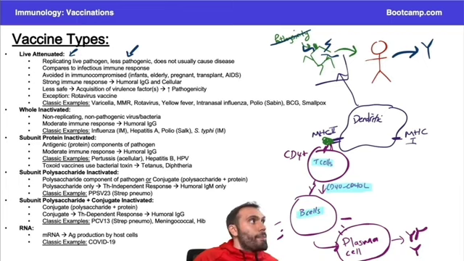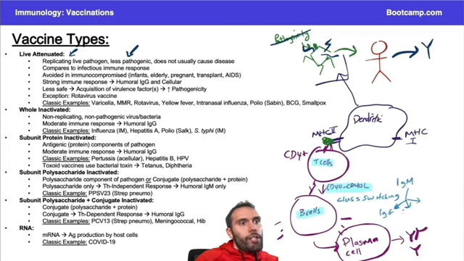That causes class switching. Now, when I say class switching, I'm talking about taking IgM antibodies and turning them into a different heavy chain, so either IgG, IgA, or IgE.